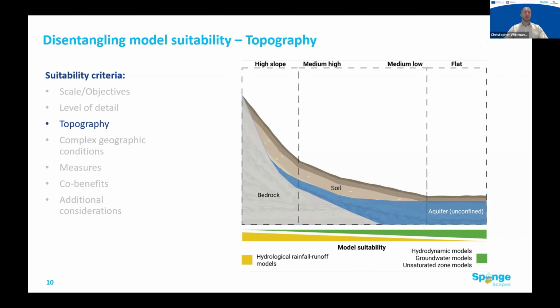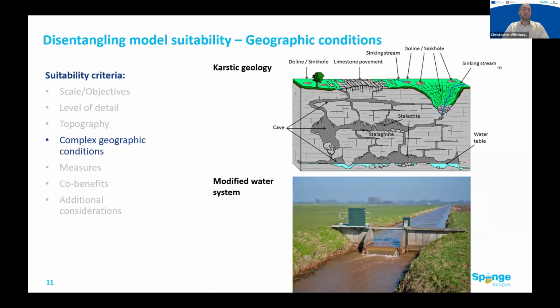And similarly, if you look at other geographic conditions, for example, the geology and specifically karstic geology. So you have karstic systems. These systems can be very complex. So essentially you would think, okay, well, if you have a complex system, maybe you need a complex model.